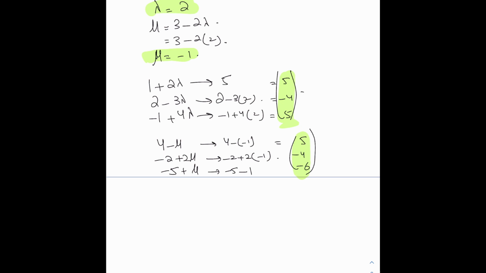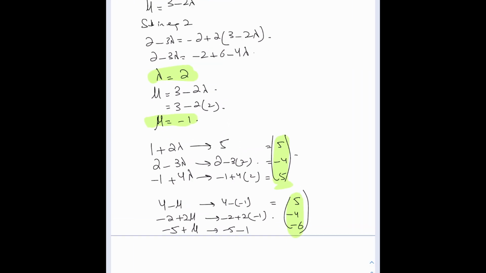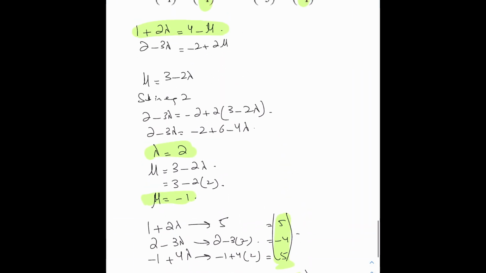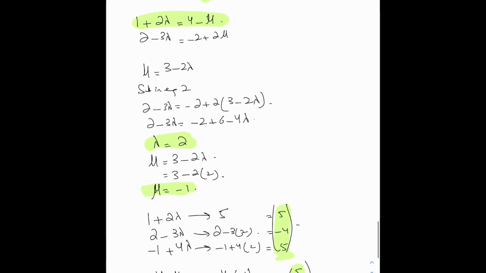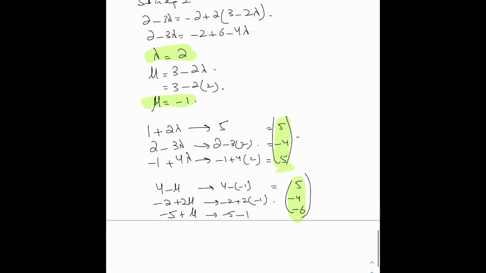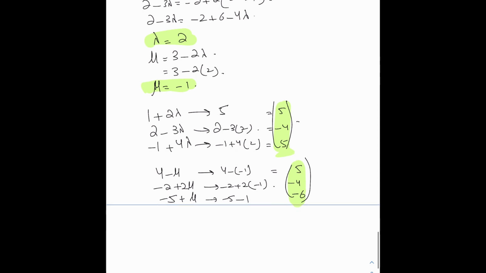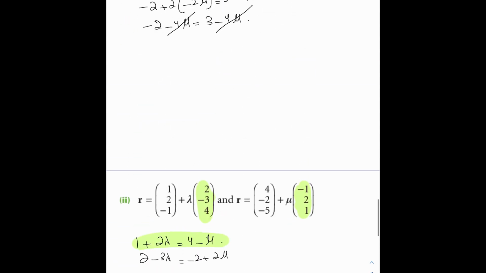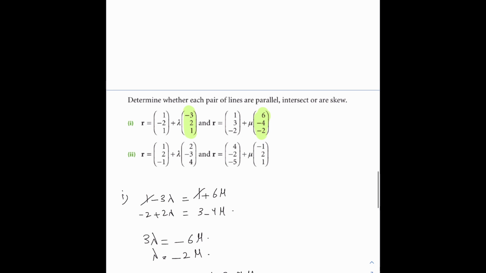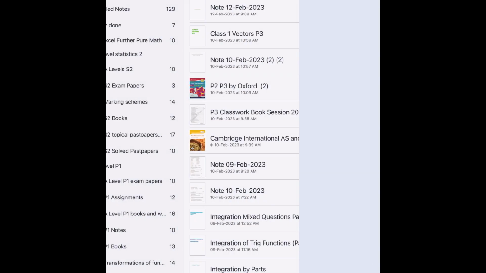If you get the same point of intersection, then you would say that the lines are intersecting. So you can say the two lines are skewed. Okay, let's do another question.